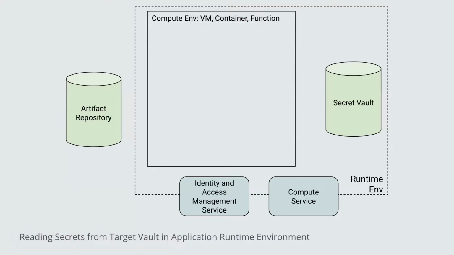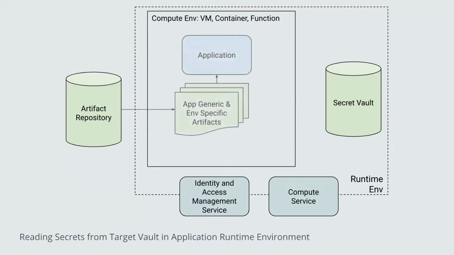So what is the actual sequence of events when you're reading secrets from a target vault inside your application? Well, let's consider this environment. We've got our artifact repository where our virtual machine or Docker images or whatever happens to be in the runtime environment. We've got our base level compute and IAM services and our secrets.